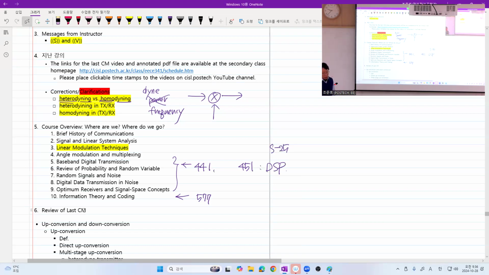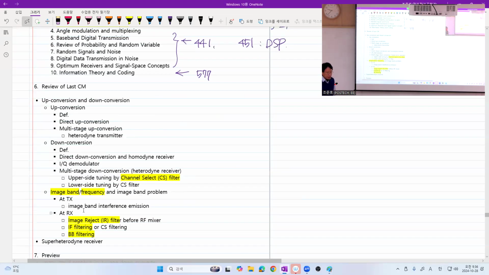Anyway, here goes the review of the last class meeting. First, by using a mixer, we may upconvert or downconvert the signal. Here, up conversion and down conversion of a signal occur in the frequency domain.